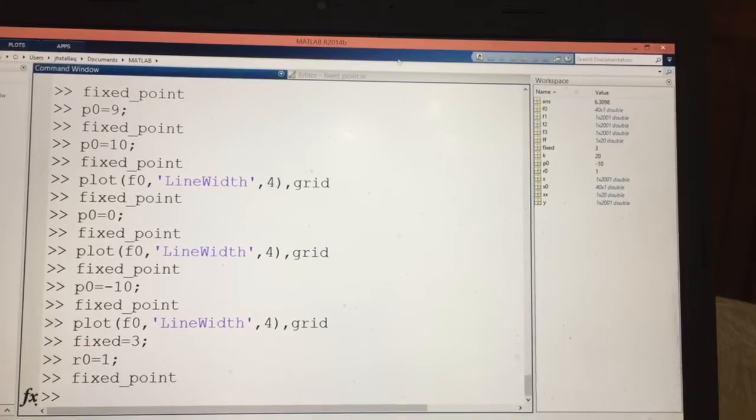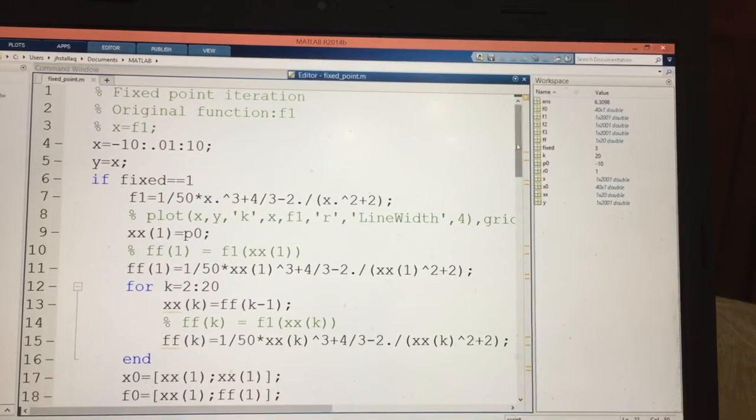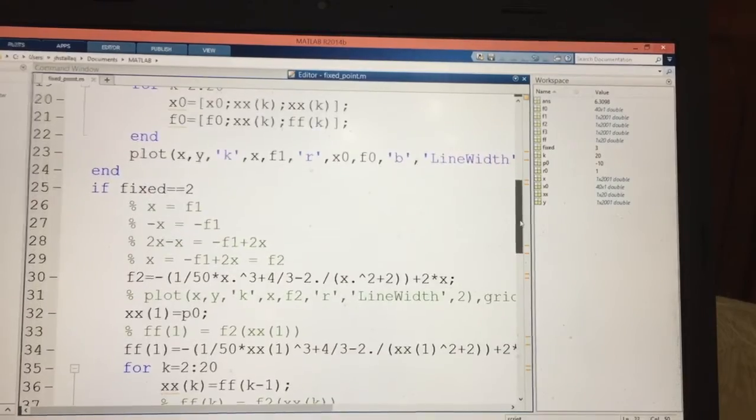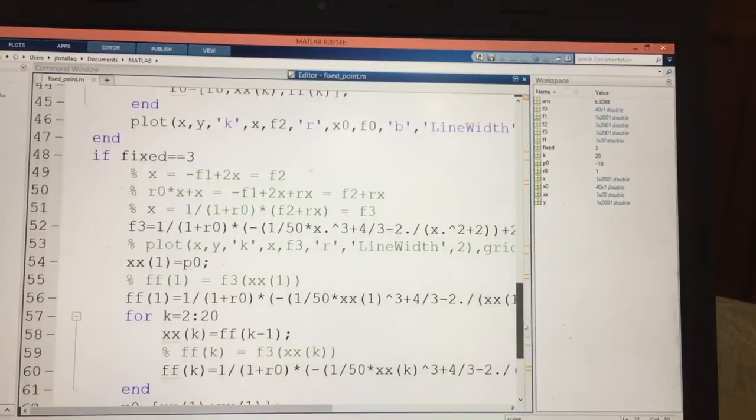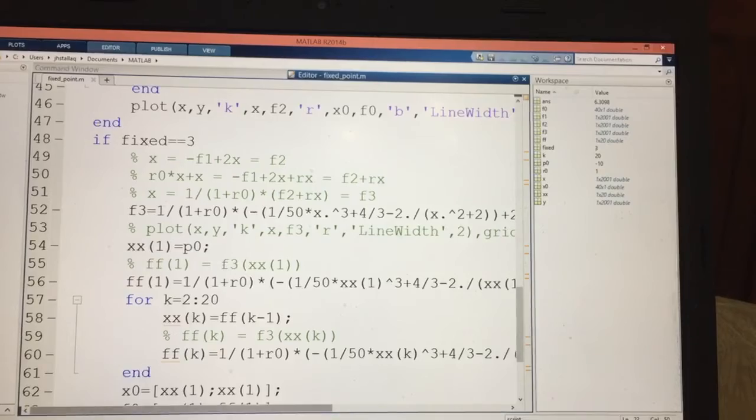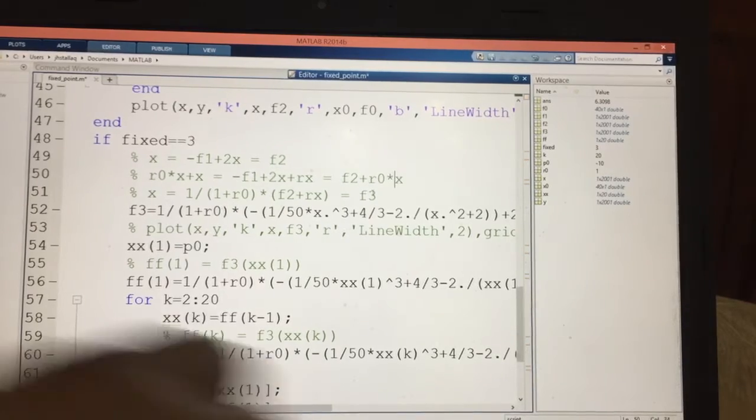Let's go back to the program. Now, if x is equal to 3, it comes to here. You remember, for registration, we added R naught times x to both sides. You modify it here, R naught times x, just a demonstration.